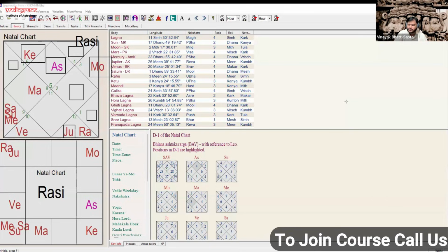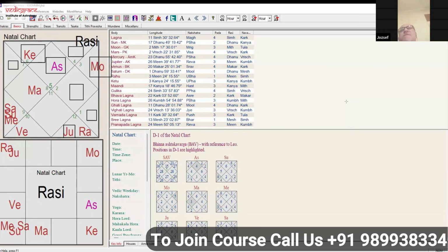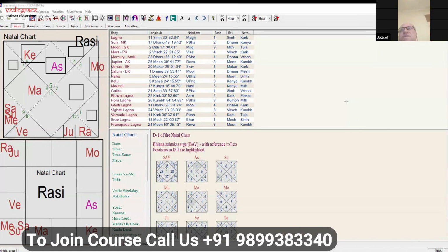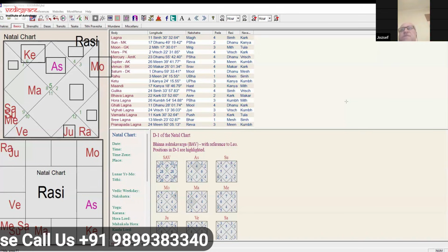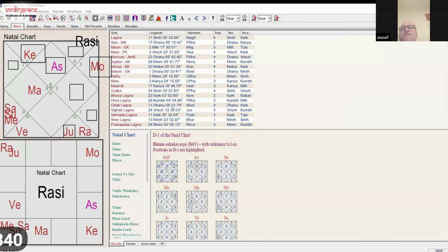And what happens after this, how will the situation be when Ketu is together with Venus? How can we interpret this? Because Ketu destroys everything, so what will happen with Venus?